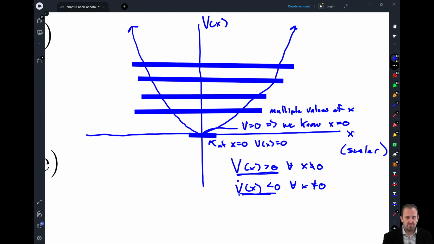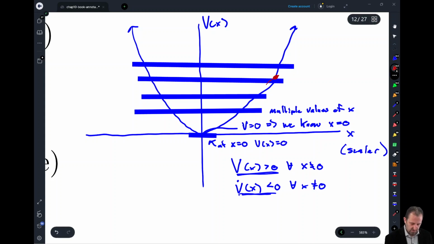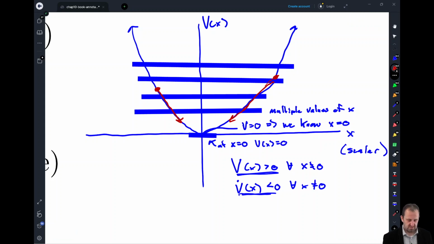over time, v is going to be decreasing. So over time, if we start over on the right side, we know that we'll be going down towards that 0. Or over here, we'll be going down. So this is nice. This allows us to talk about convergence.